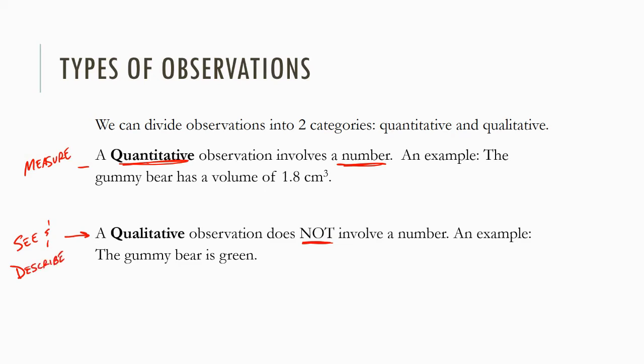Let's put it into something similar to a lab process. If we're talking about observations of, let's say, making cookies, quantitative would be the number of cookies you make. Qualitative, on the other hand, would be something like the color of the cookies at the end of baking. That's the big difference here.